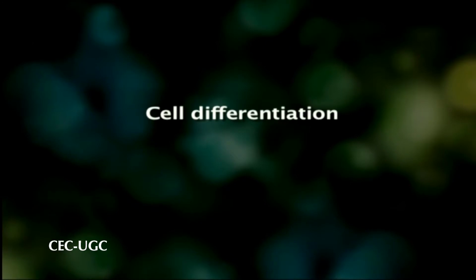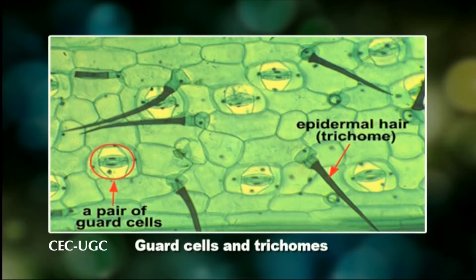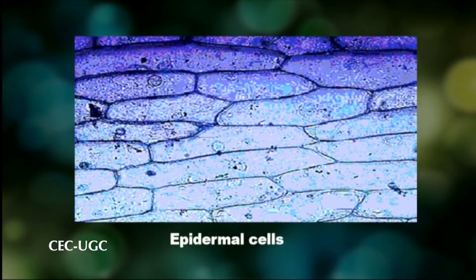Then after cell enlargement, cell differentiation follows and leads to the development of specialized mature tissues. For example, the meristematic cells of leaf epidermis differentiate to form guard cells, trichomes, glands or epidermal cells.